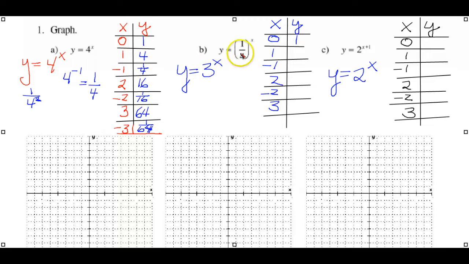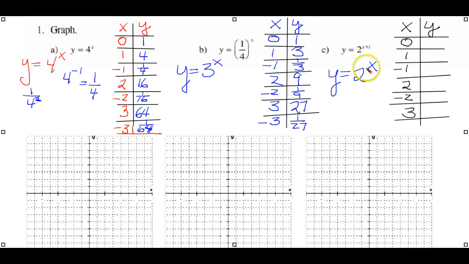Now 3 to the first power is just 3. 3 to the negative 1 power is going to be the reciprocal, 1 over 3. 3 to the second power is 9. So 3 to the negative 2 is the reciprocal, 1/9. And then 3 to the third power is 27. And this would be 1 over 27 if we had that, and we could just stick it there.